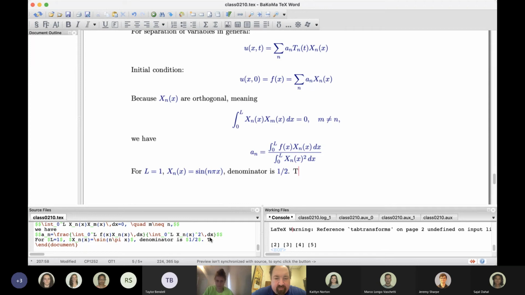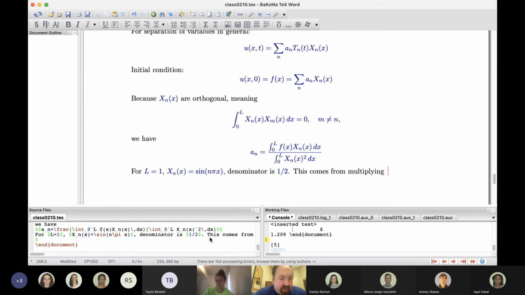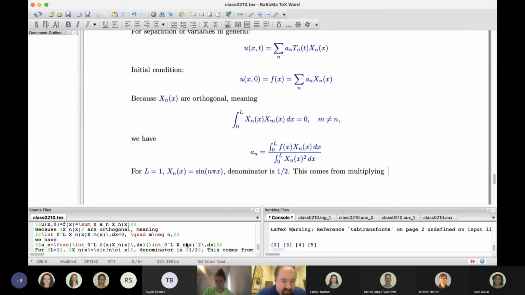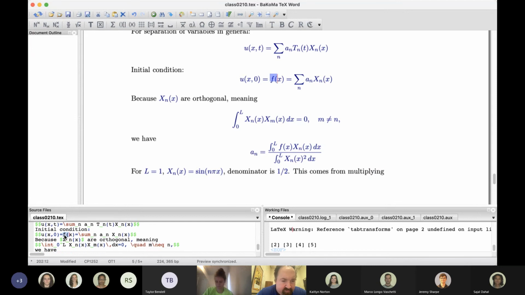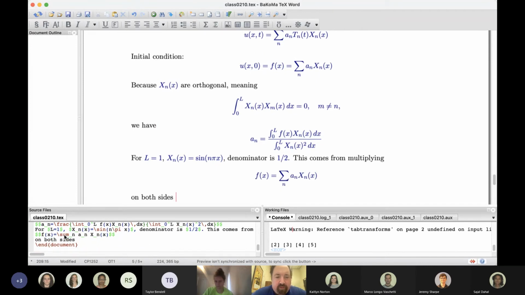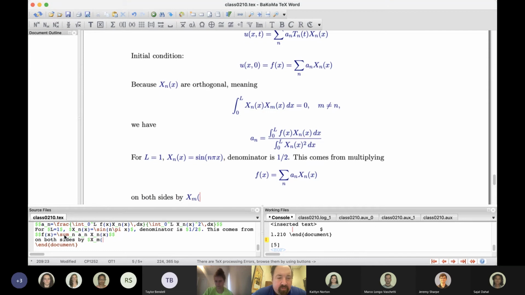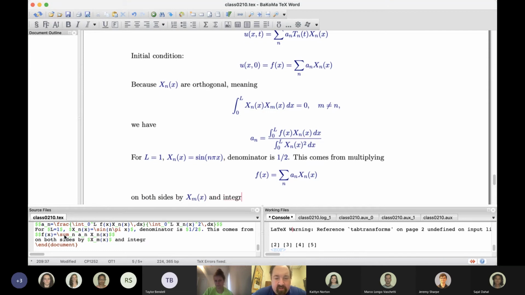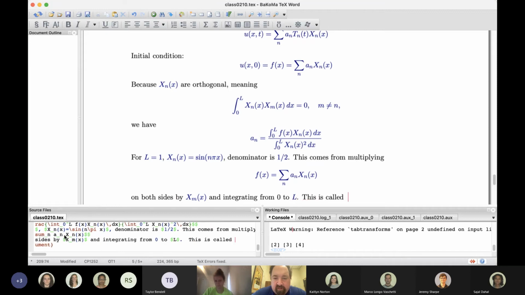I want to mention this comes from multiplying the equation I had earlier on both sides by X_m of x. This is called an inner product.